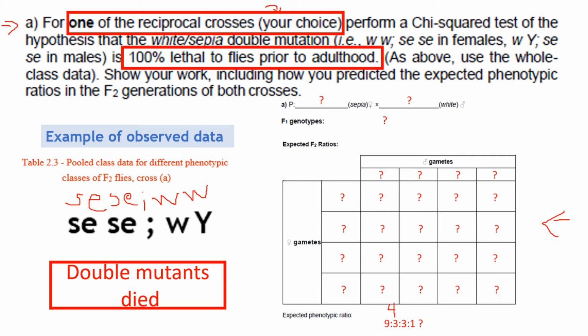My suggestion is to remember the 9:3:3:1. Here you have 4, but I don't think this will look like 9:3:3:1. It will look very different from the previous one. But take into account you need to add this new group, the double mutant.